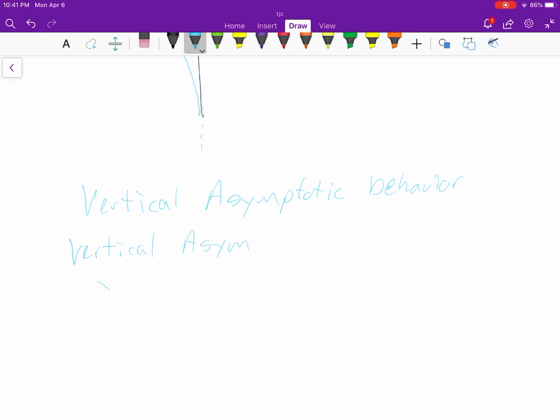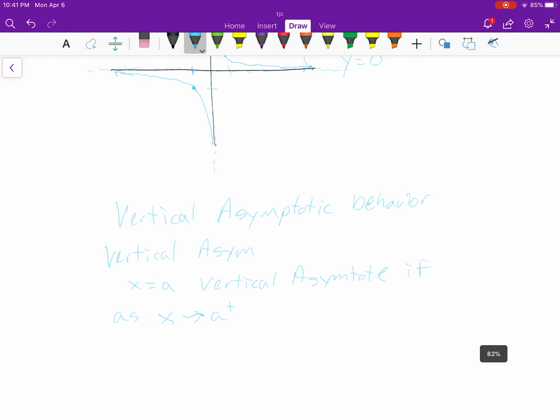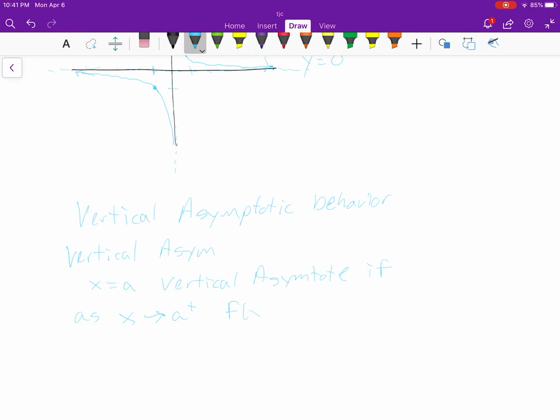So we have this x equals a is a vertical asymptote if, as x approaches a from the positive side, and what I'm saying here is as x approaches a, it doesn't touch a, but as it approaches it, then f of x will go to either positive or negative infinity.